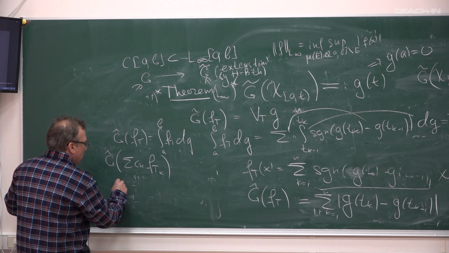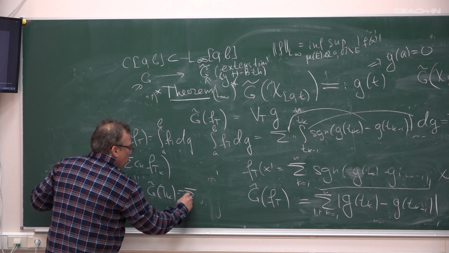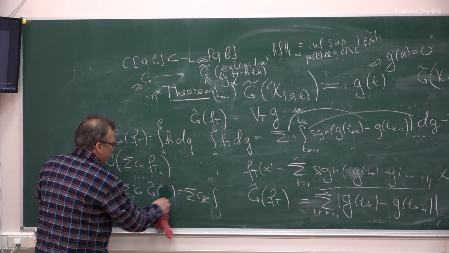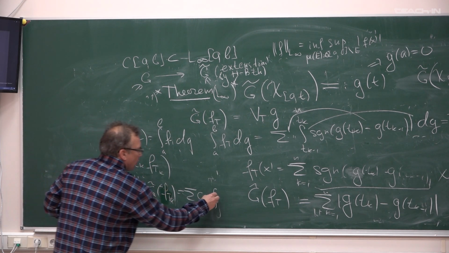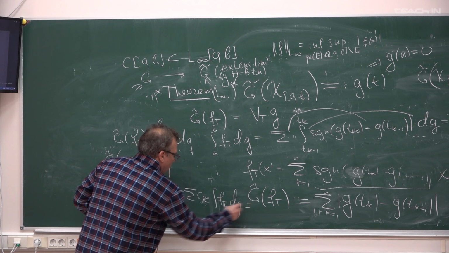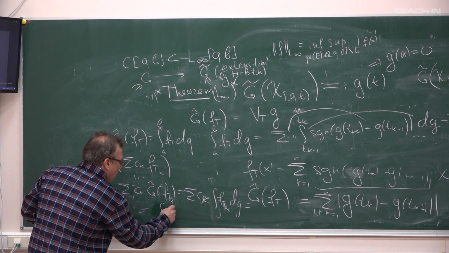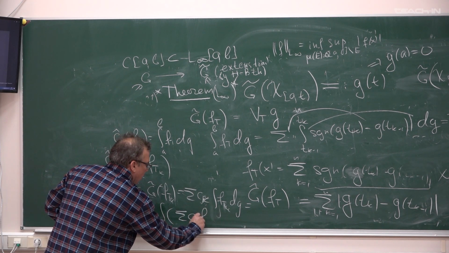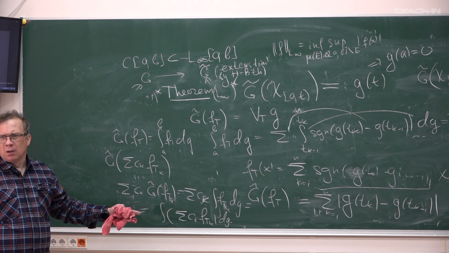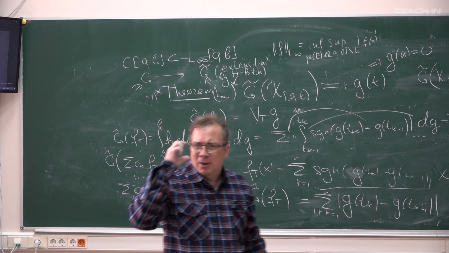So it is equal to this, and this is equal to the integral of sum ck f_tk dg. Is it clear? For any linear combination of functions of such type.